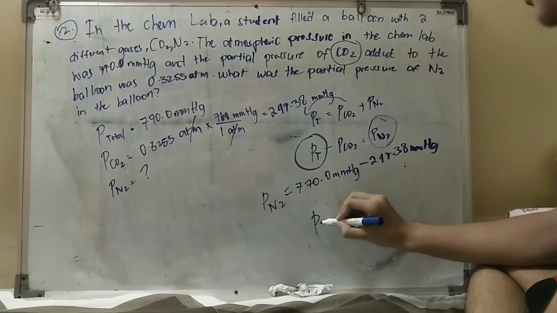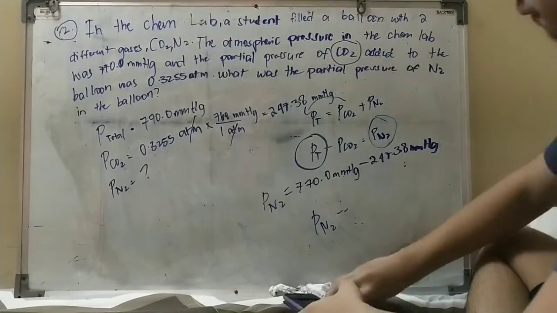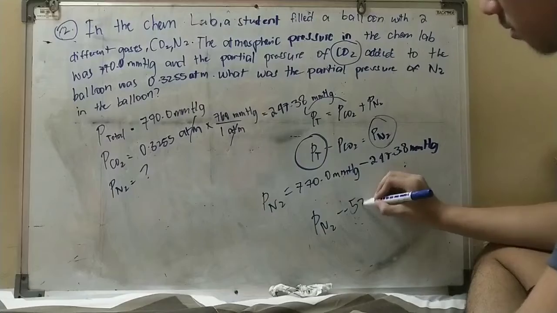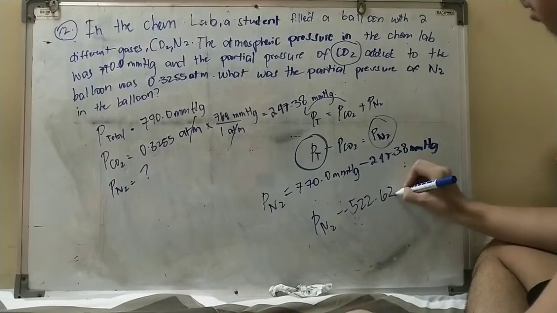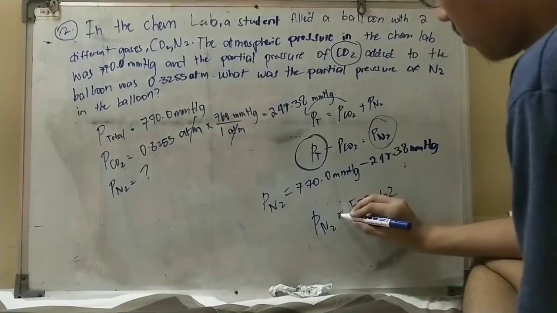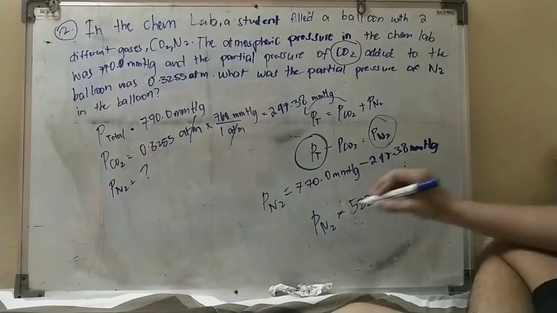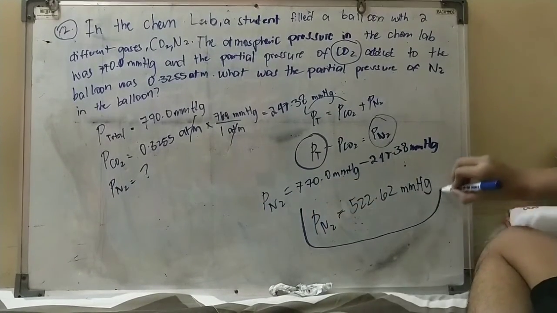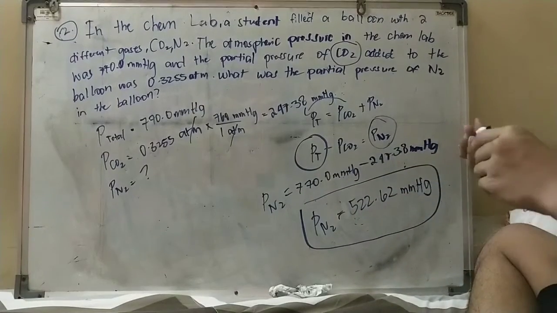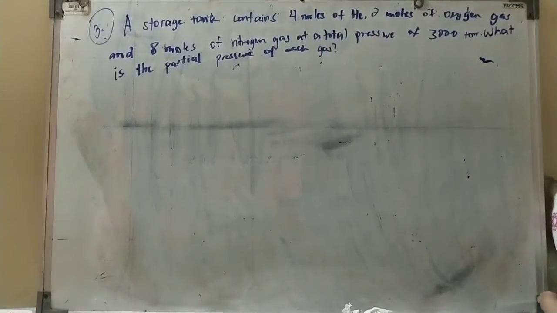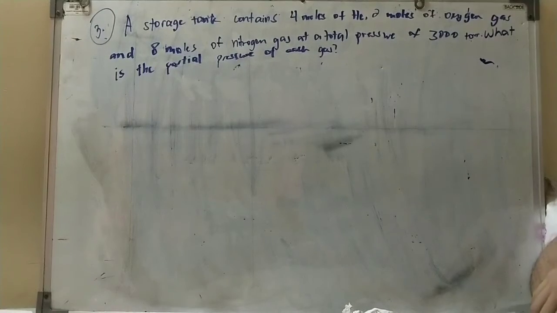Our final answer should be 522.62 mmHg. And that is how you use the first formula. Let us now head to our third example.